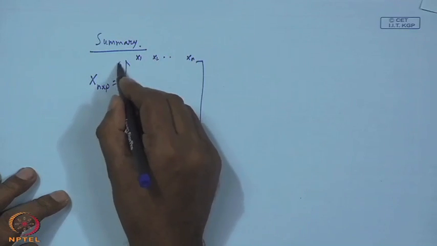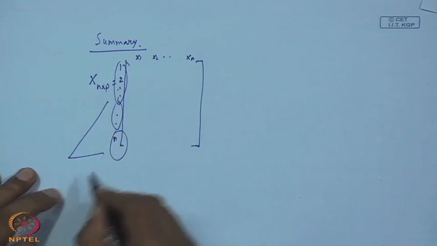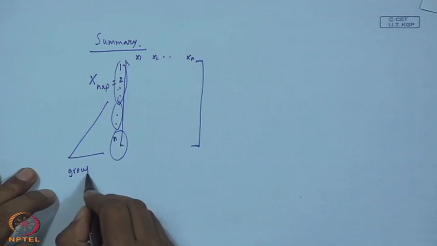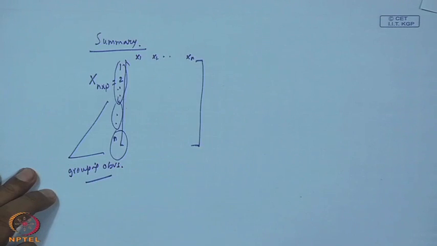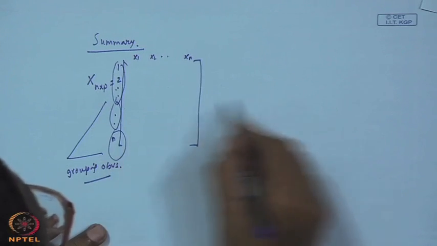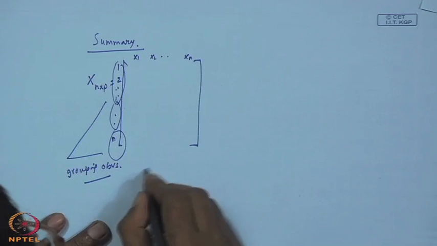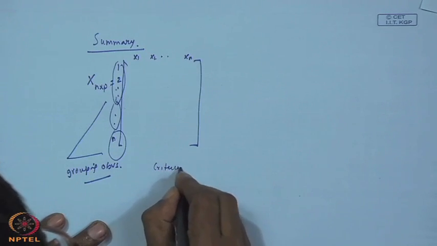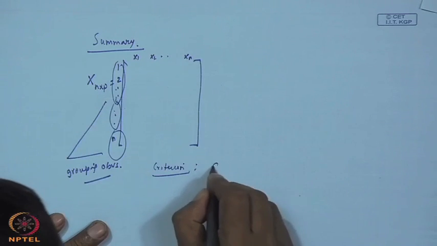You want to group the observations. This is our purpose. Then what we have discussed is that we require a certain criterion to group. This is the distance measure.